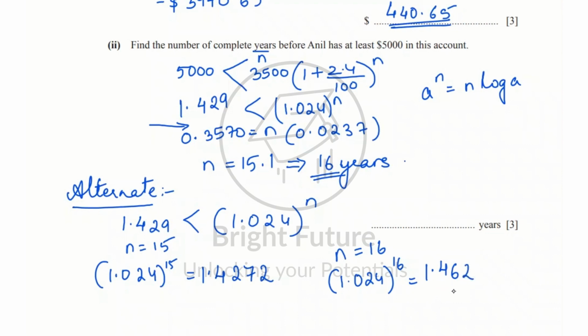So now this value is greater than 1.429, therefore the value of n is 16. So even over here we got n equals 15.1. 15.1 is greater than 15, so we'll round it off to 16. So if you have any issues with logs, if you're not able to calculate it, you may do this trial and error method also.